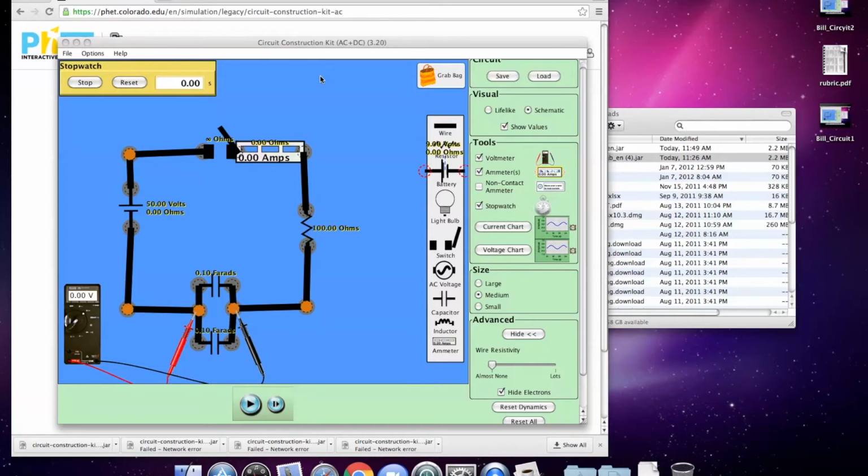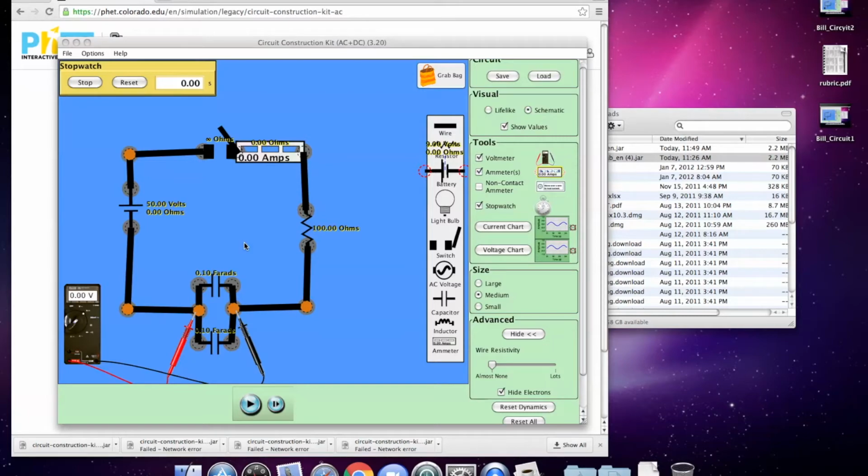When you're hooked in parallel, you have the same voltage across you. And you can see right now, I have the voltmeter hooked to them, and I'm getting 0 volts across either of these capacitors because the circuit is opened.